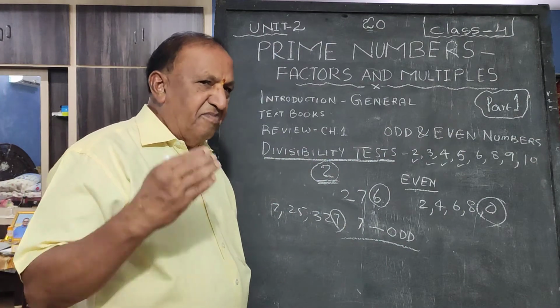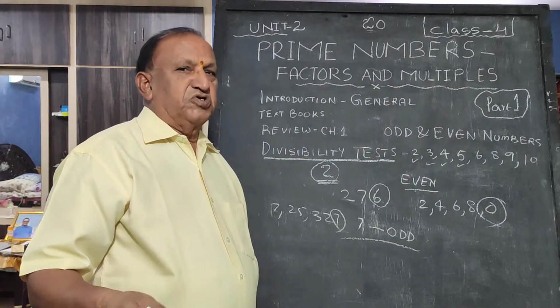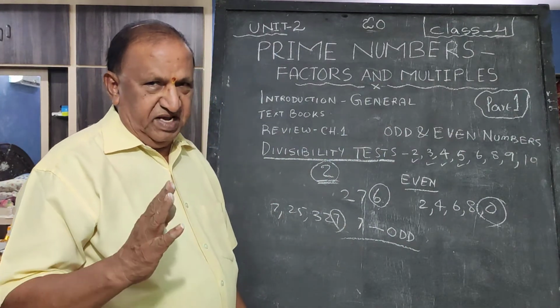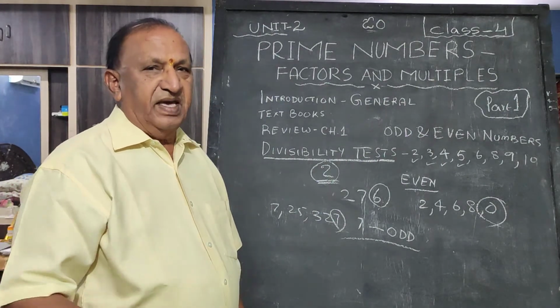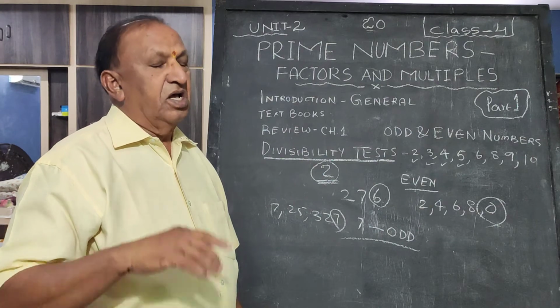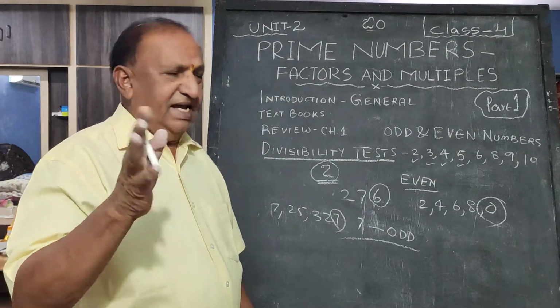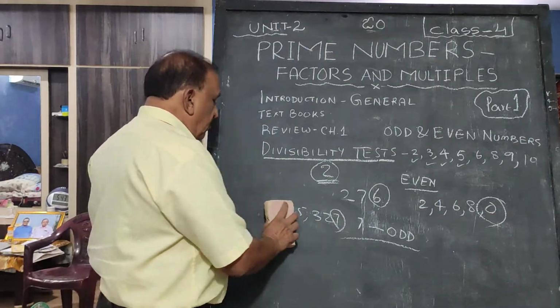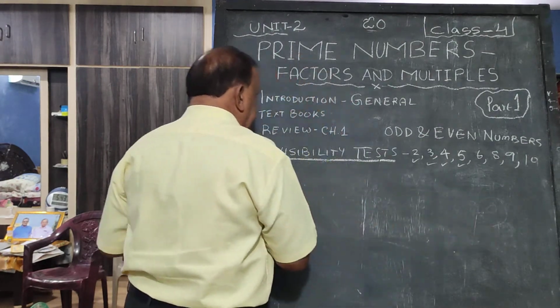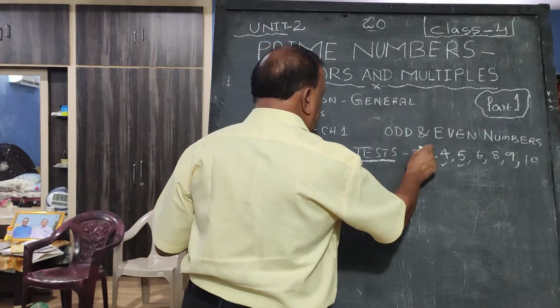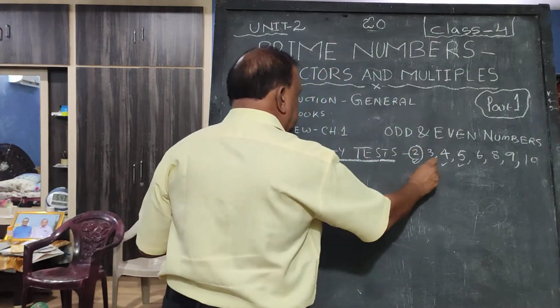So if a number should be divisible by 2, the digit in the units place should be an even number. Even number means 0, 2, 4, 6, 8. Okay. Now we move on to the next one. We covered the divisibility test for 2.